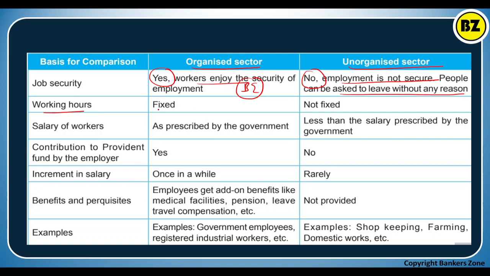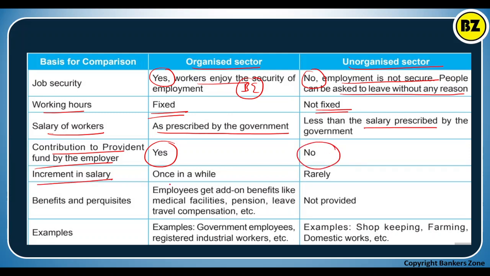Working hours for the organized sector are fixed; for unorganized they are not fixed. Salary of workers is as prescribed by the government in the organized sector; in the unorganized it is less than prescribed. Contribution to the PF, provident fund: for the organized yes, for the unorganized it is no.